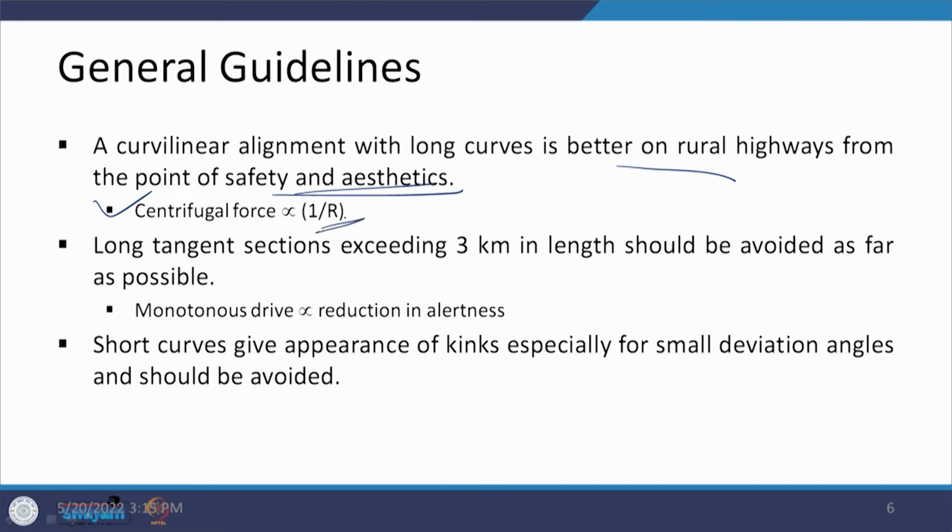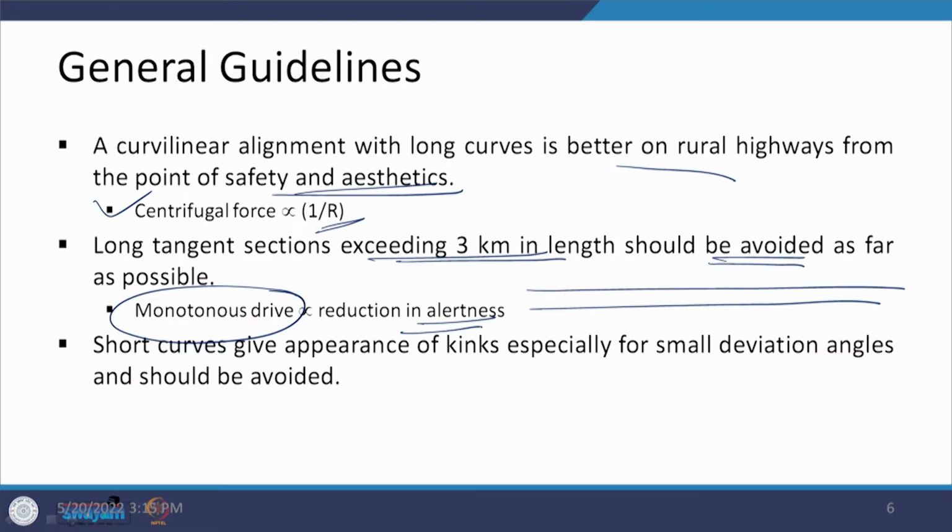Then long tangent sections exceeding 3 kilometers in length should be avoided. The reason is the same as we talked about in the previous discussion, that if it is a totally continuous stretch, then you simply lock the steering and go to sleep as a driver, and your vehicle will keep going ahead.